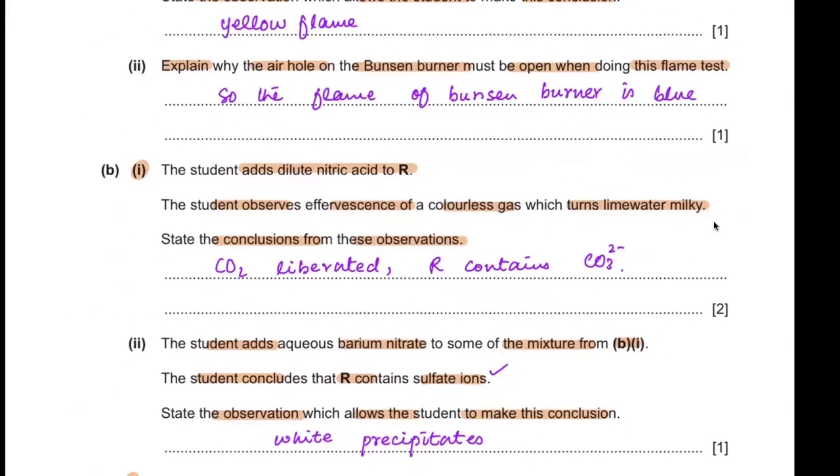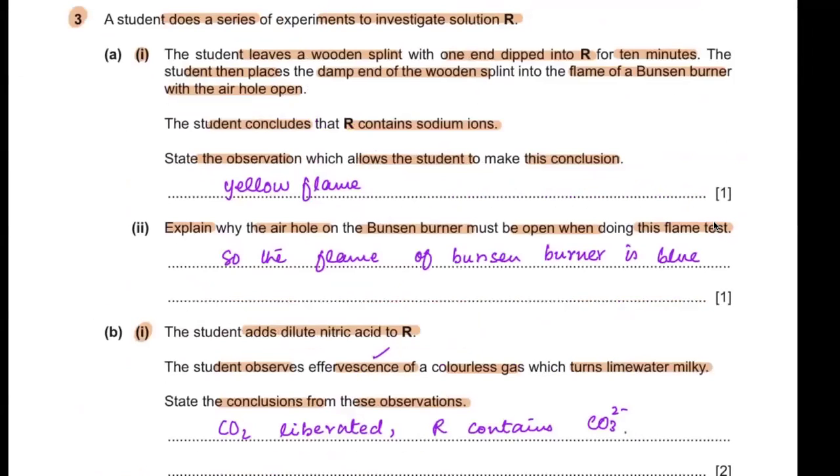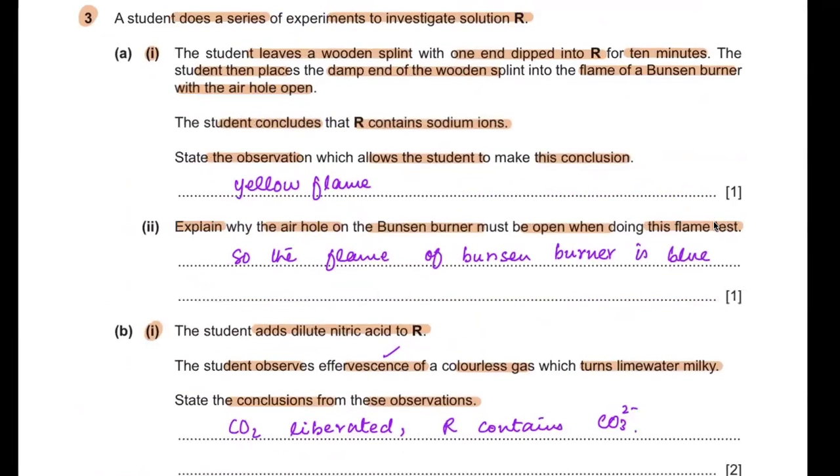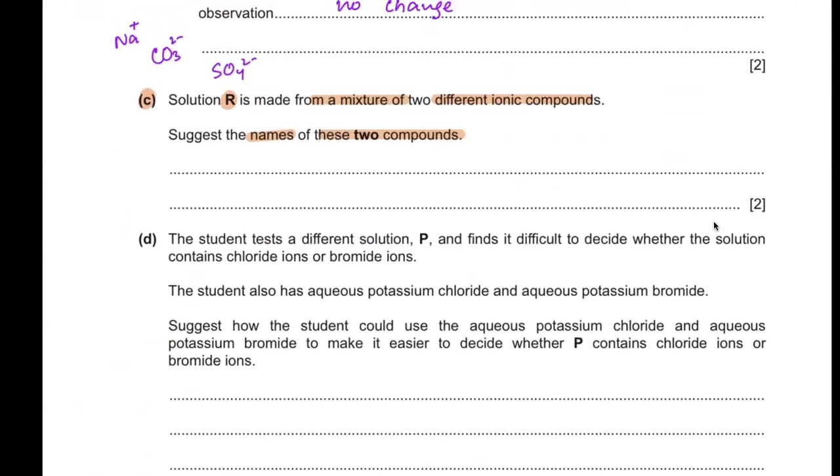There are carbonate ions, right? And there is a sodium ion. So it means one cation and two anions. So both compounds are of sodium. So it is going to be sodium carbonate and sodium sulfate. Is this clear?